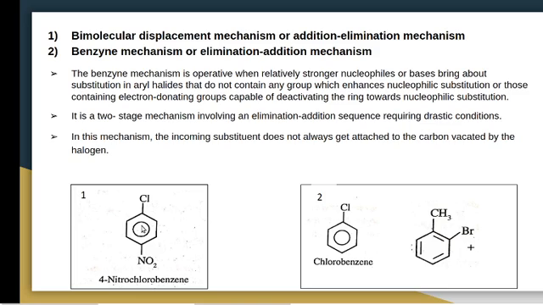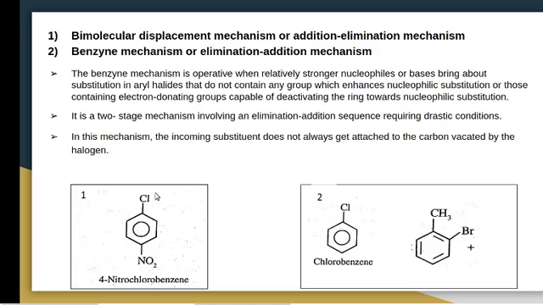So an incoming strong nucleophile can attach to this carbon by replacing the halogen. That is nucleophilic aromatic substitution reaction of aryl halides.